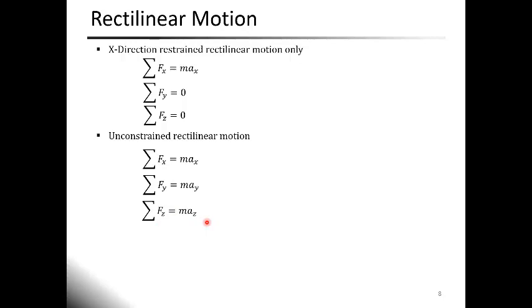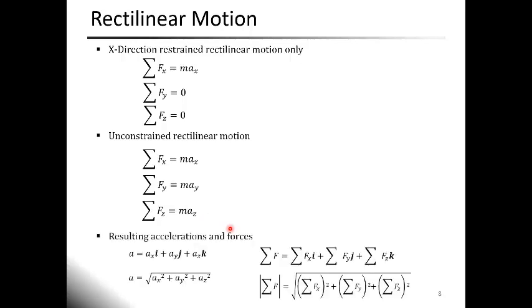We don't have any constraints here. The motion would have acceleration components in x, y, and z directions. Meaning that the acceleration, as a vector, is equal to a component in the x direction, ax, a component in the y direction, ay, and a component in the z direction, az. So if we wanted to get the total acceleration, in this case, it's the square root of ax squared plus ay squared plus az squared. Similarly, for the force, we have the force here as a vector.